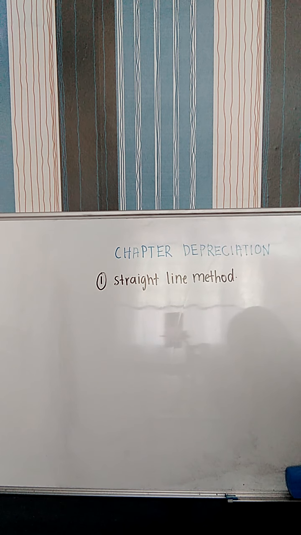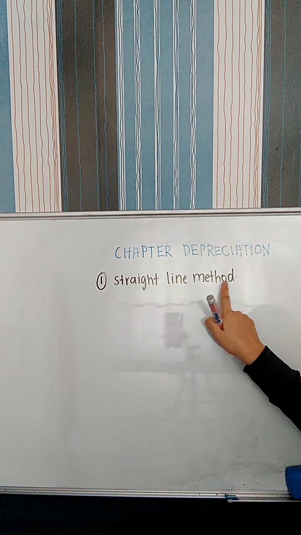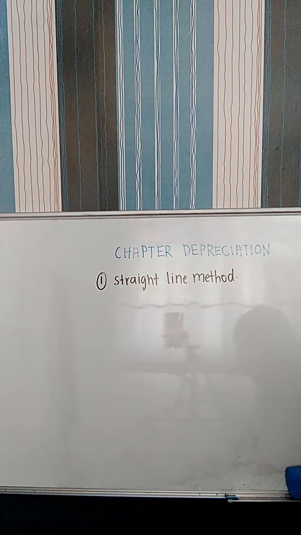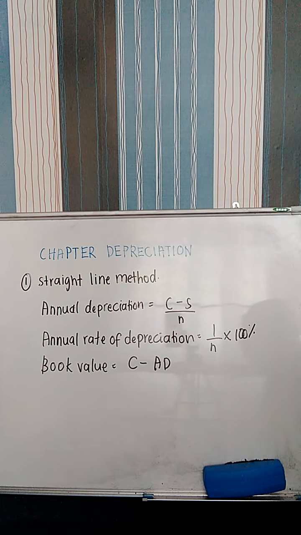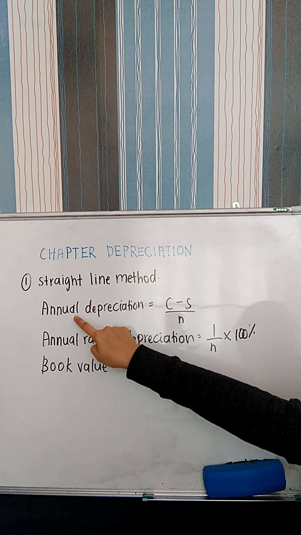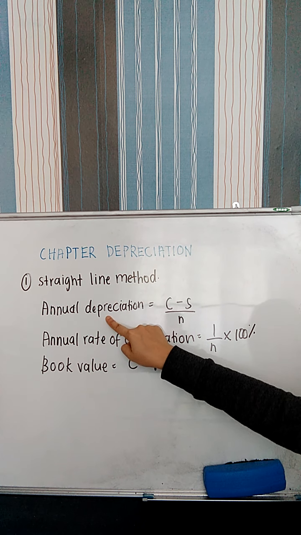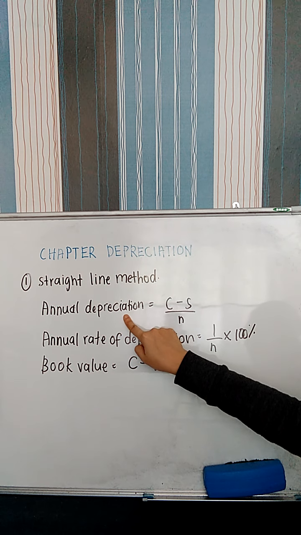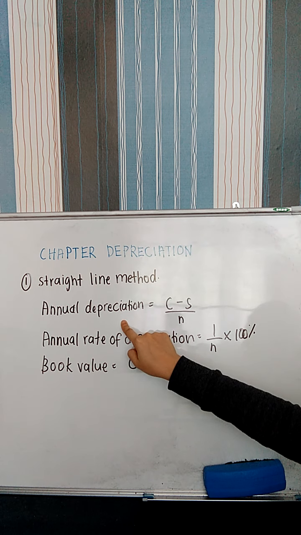Next we continue to method number 1, straight line method. For straight line method, we have 3 formulas. Formula number 1 is annual depreciation, means susut nilai tahunan.